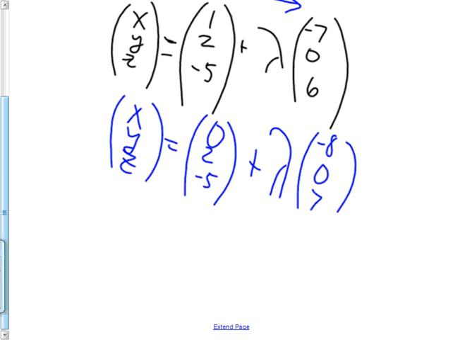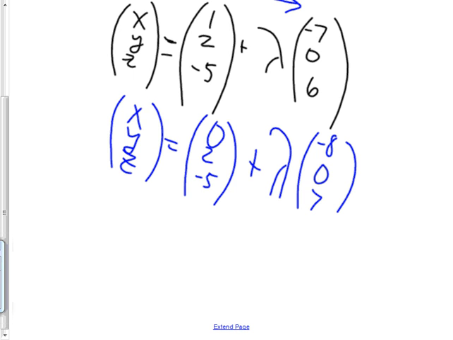Who has a theory on which one these are? Nobody knows yet. All right, I'm going to give you a little more time. Did these cross? Some people say that they cross.